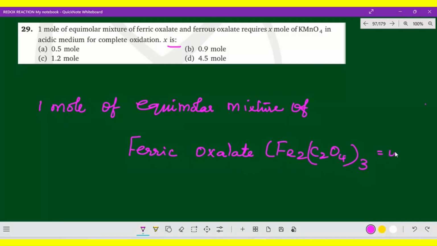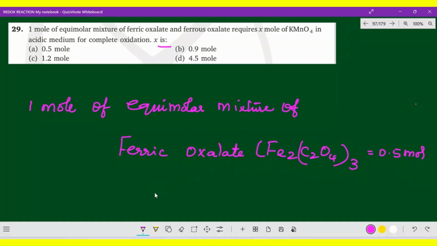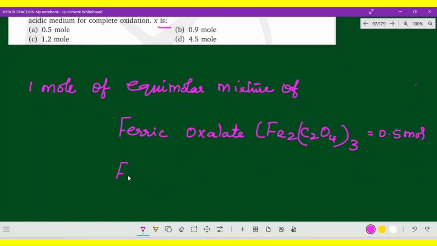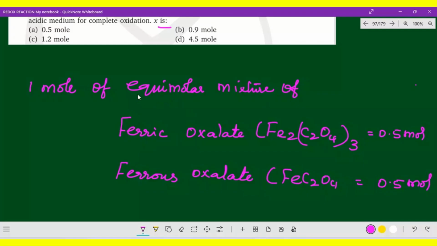This is 0.5 mole, right? And in the same way, ferrous oxalate, FeC2O4, that is 0.5 mole. I hope you got that idea: in 1 mole of the equimolar mixture, each is 0.5 mole. I hope you got the first point.